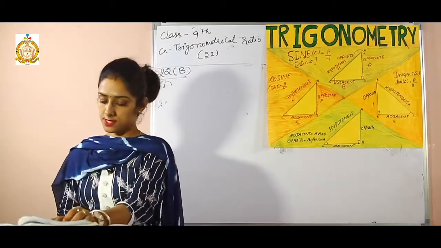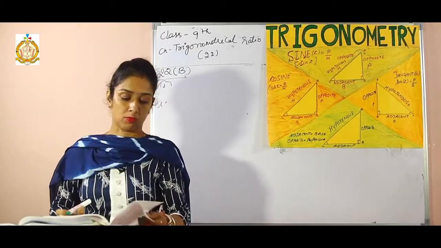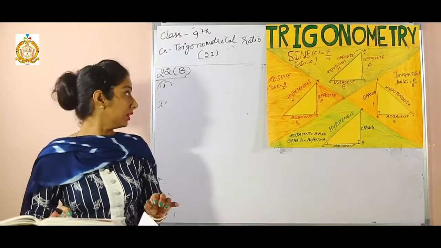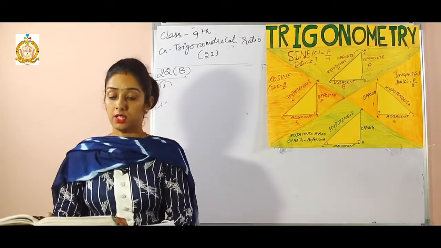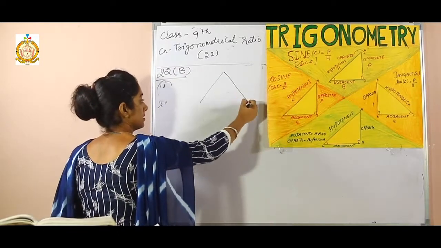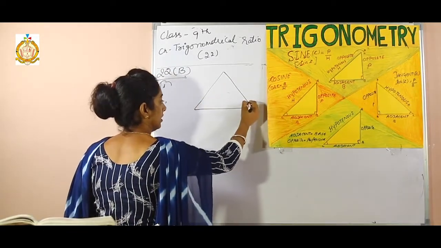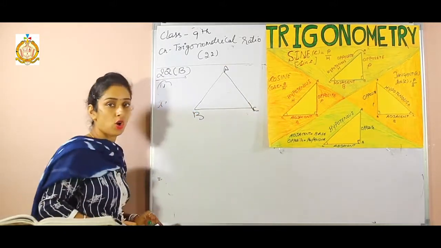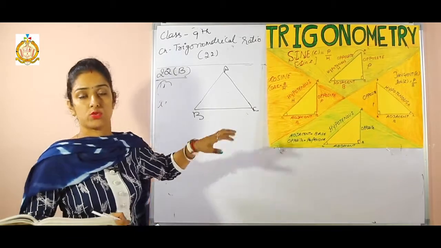Question number 6. See, in the sixth question, in the following figure, ABC is an isosceles triangle. See, this one is ABC. This is an isosceles triangle.